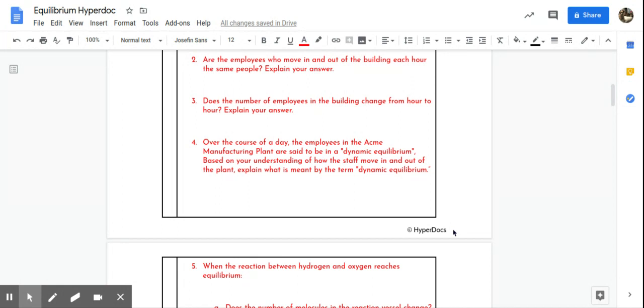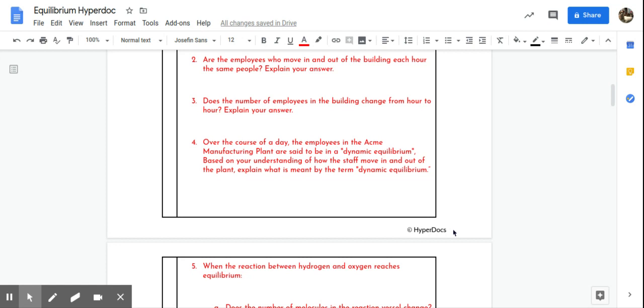Equilibrium in the case of the Acme plant is the 100 employees inside the building. Once you hit 100, it stays at 100. During the morning, people are coming in, it could be at 75 or 80, you have to build up to that. But once you get to what we call equilibrium, you maintain it. Once you get to 100, you maintain it. So that's the equilibrium part.